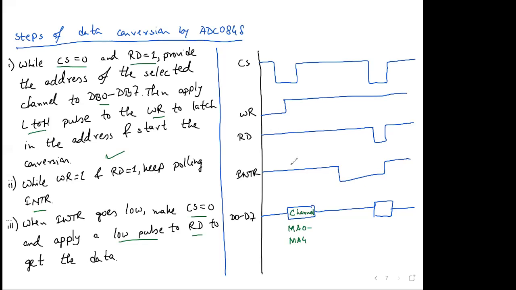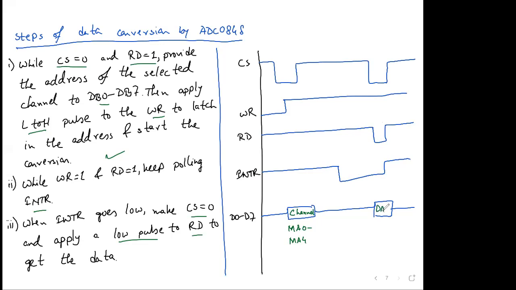Later on, we'll keep polling the INTR. Whenever INTR goes low, we know that the conversion is finished, and after that we need to apply another low pulse to RD. As you can see, after your INTR has gone low, we apply a low pulse to RD, and we know that the data is now ready to be read.